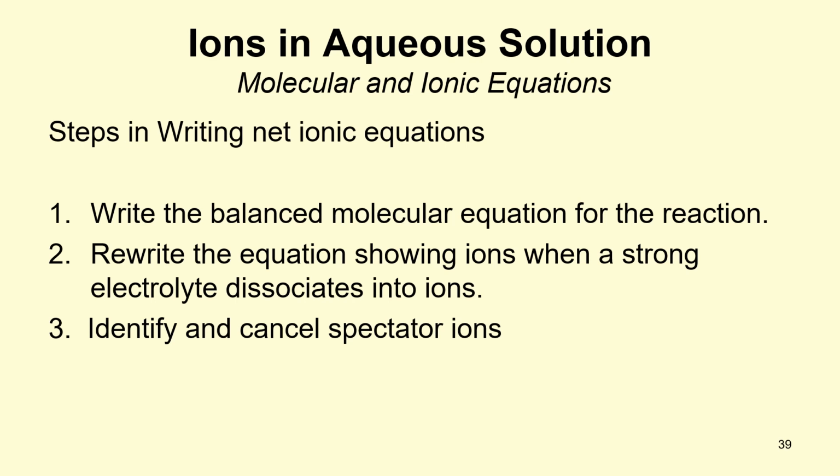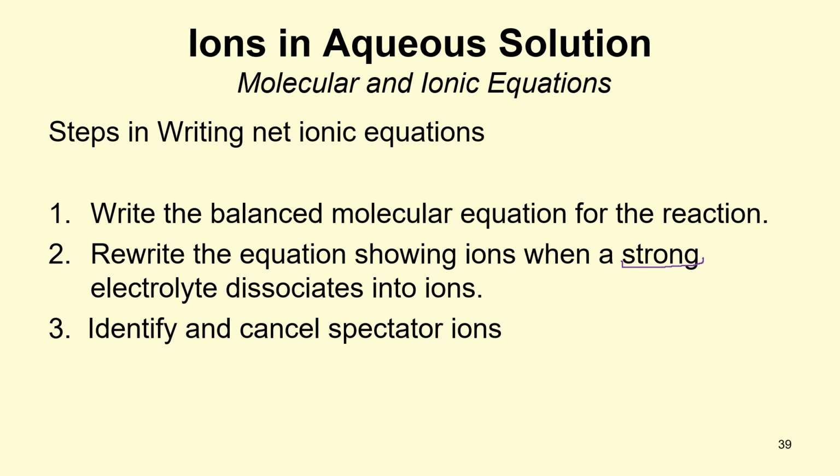So now notice so far I've always put AQ next to it, but remember that our solubility rules can tell us. So a strong electrolyte means they're soluble. So if it doesn't tell you in the molecular equation, you can go to your solubility rules and figure out if it's dissolved or not dissolved. So using the solubility rules.